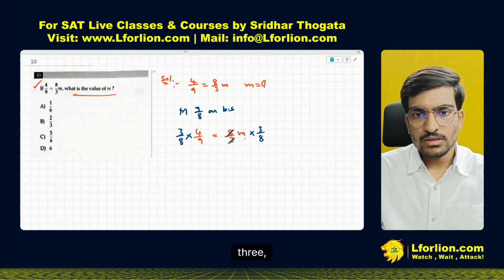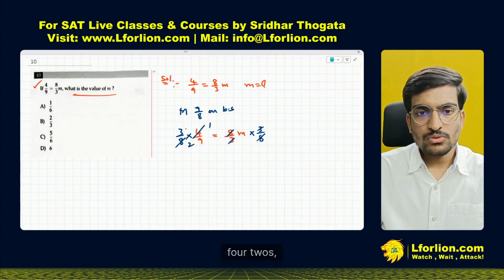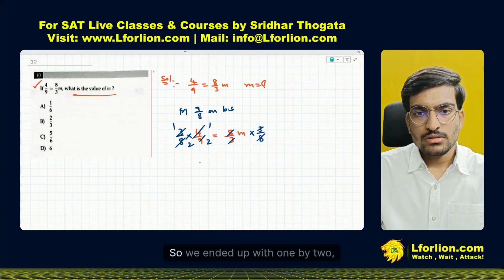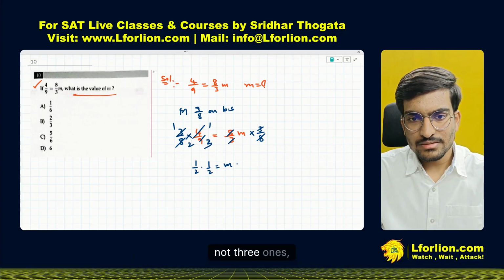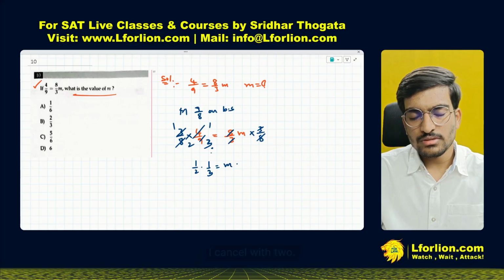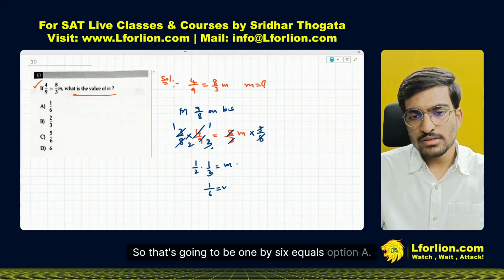So 8 and 8 cancel, 3 and 3 cancel. So 4 ones are 4, 4 twos are 8, 3 ones are 3, 3 threes are 9. That cancels with 2. So that's going to be 1 by 6, which is option A.